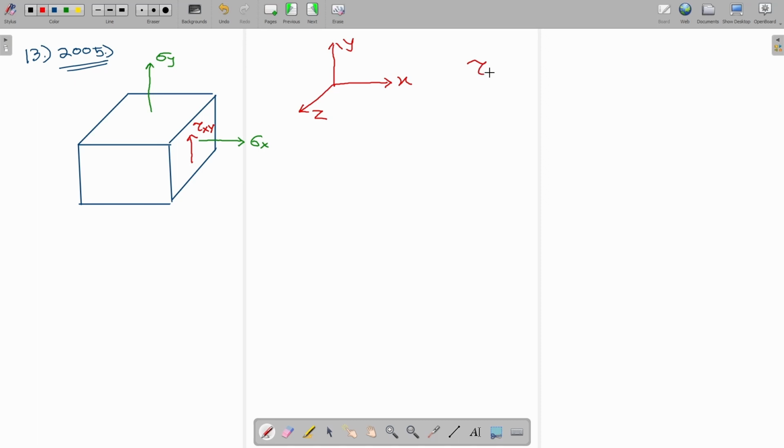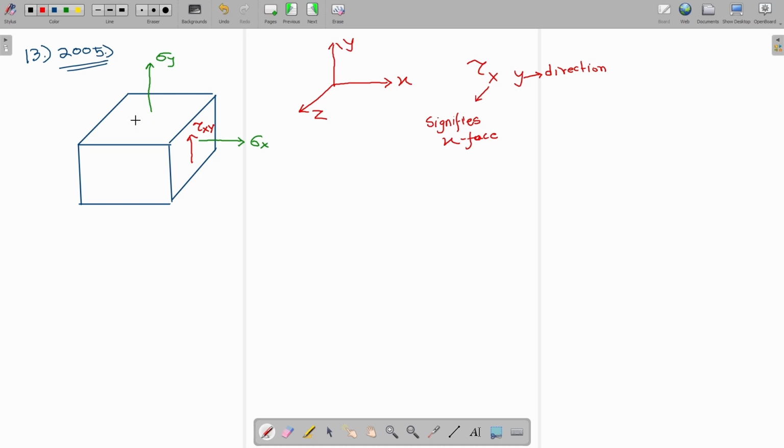In this tau xy, the x signifies the x face, and this y indicates the direction in which it is acting. So this component is shearing along the x face in the direction y.